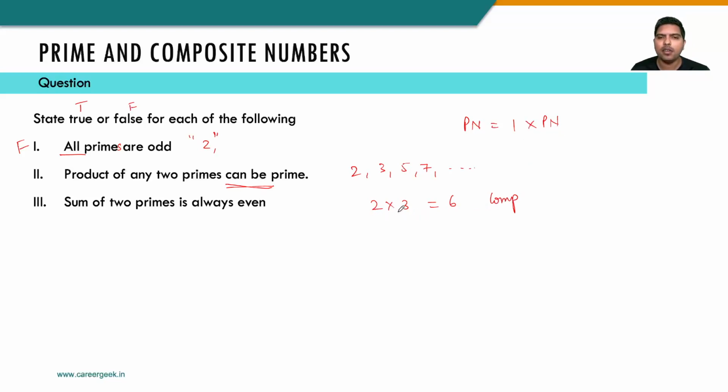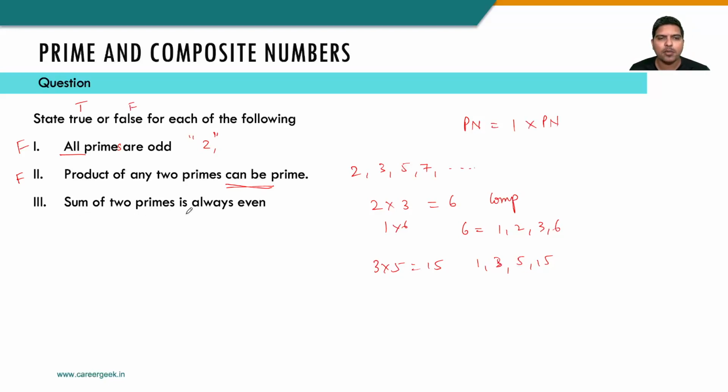Here 6 we can write as 2 into 3 or 1 into 6, so there are more than two distinct factors, right? Now the same way, let's take two odd, 3 and 5, which is 15. Is 15 prime? The answer is no, because the factors are 1, 3, 5, 15, more than two distinct factors. Can it be prime? No, it is false.